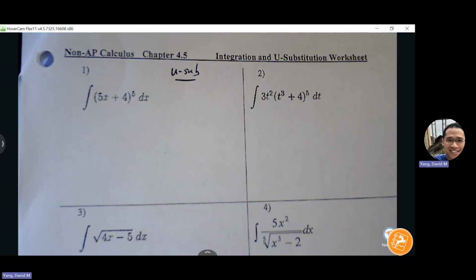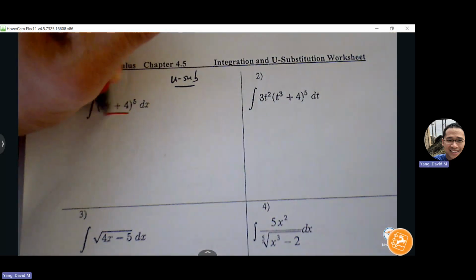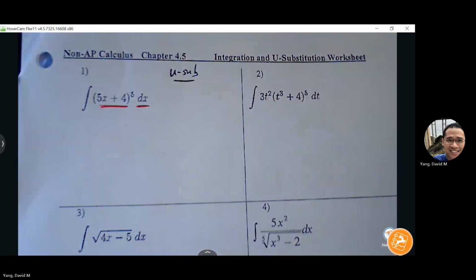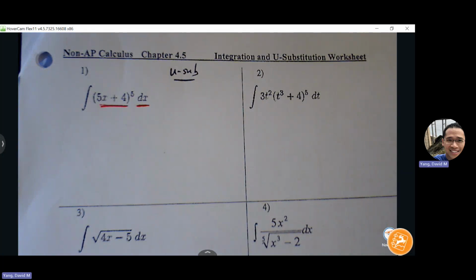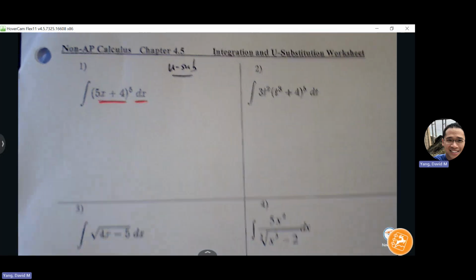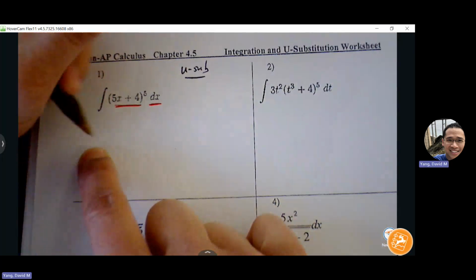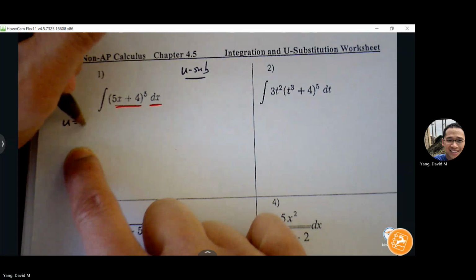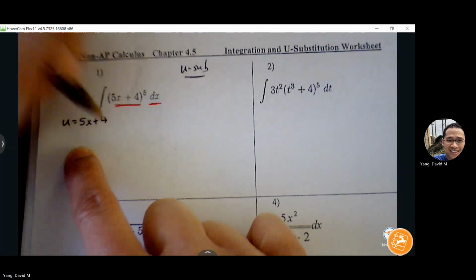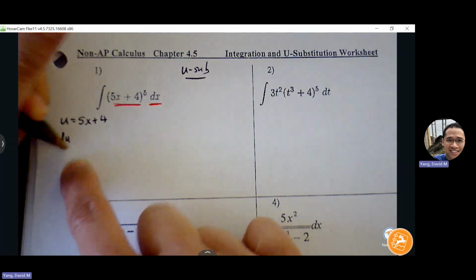Yeah, 5x plus 4. The whole purpose of U-substitution is to create an easier looking problem so that we can take the antiderivative. So the whole purpose is to make it easier to work with. Okay, so our U value is 5x plus 4. du/dx.